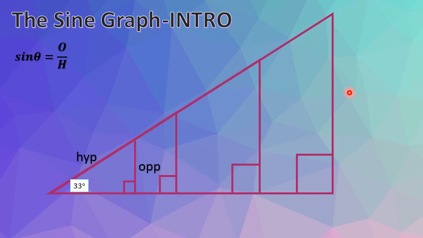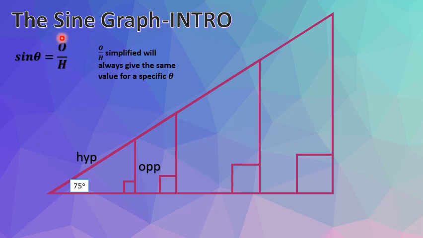Even if you have, say, sine 33, opposite over hypotenuse will be a specific value and it will never change. Sine 75, etc.